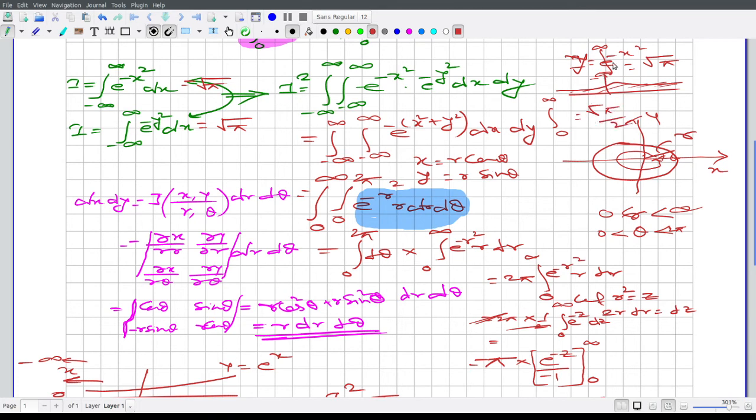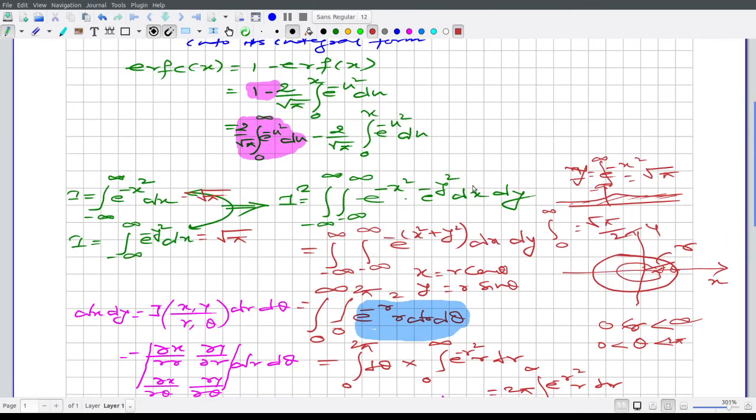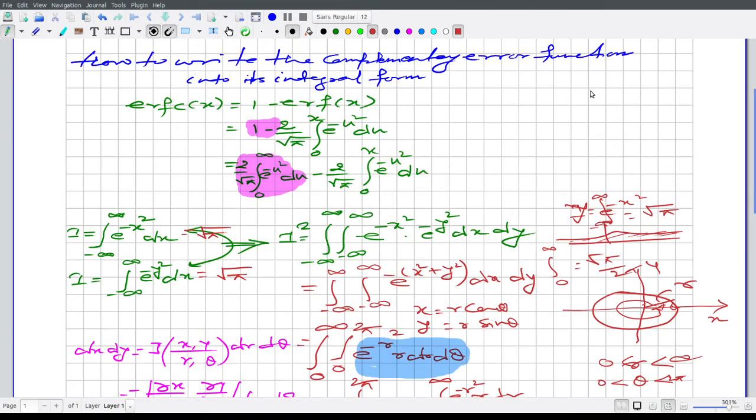So that's why initially we have written the integral 0 to infinity e to the power minus u square du equals root pi by 2.